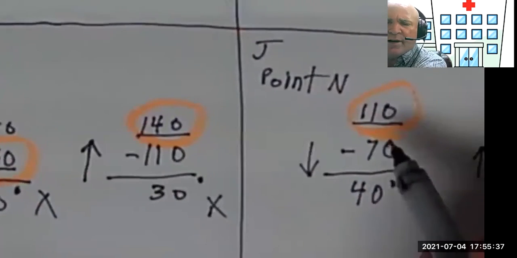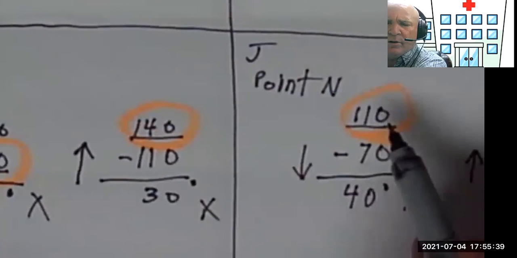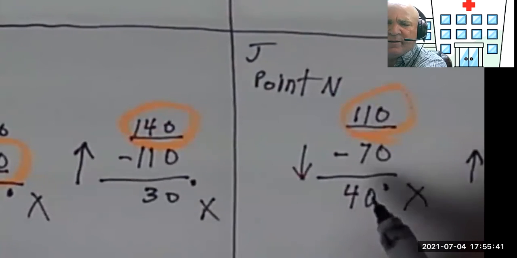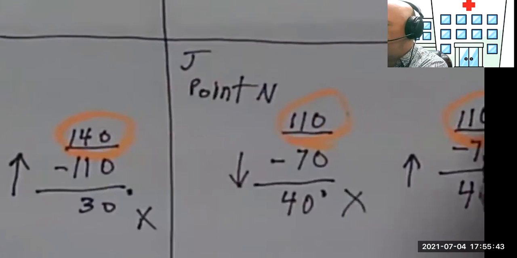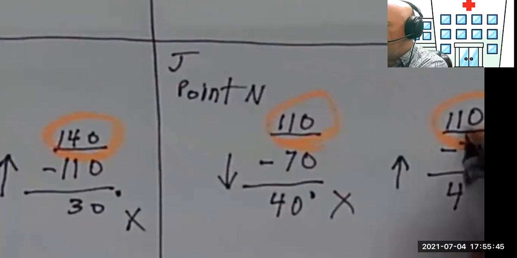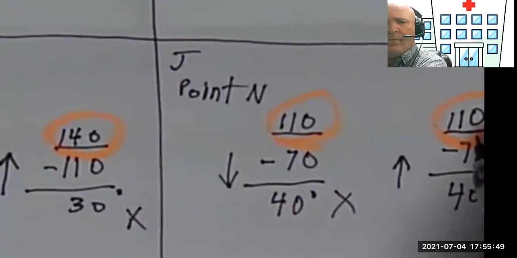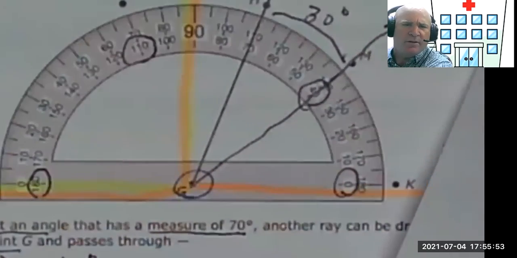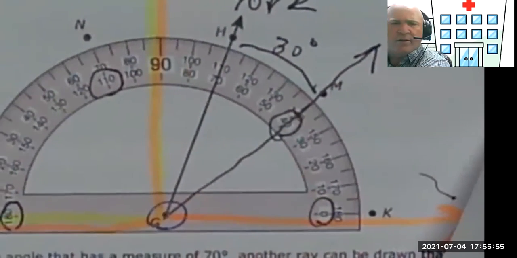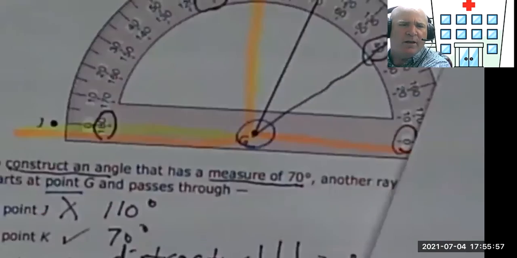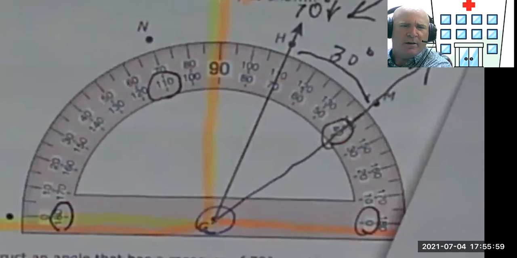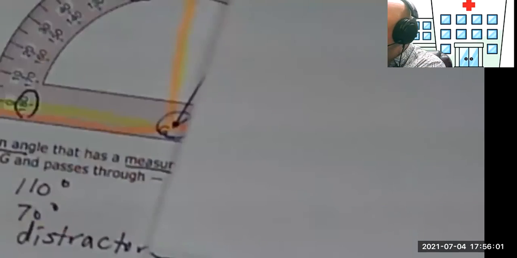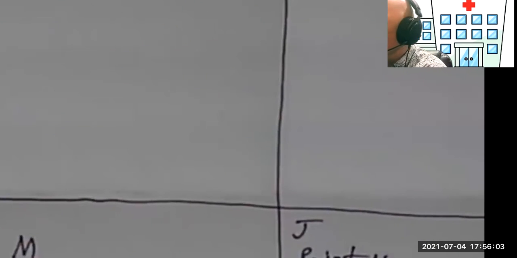So we're subtracting our point N number. 110 minus the 70 creates 40 degrees. Let me make sure that I'm saying that right. Point N, the one on the top, point N on the top. Oh, it would be the 70.